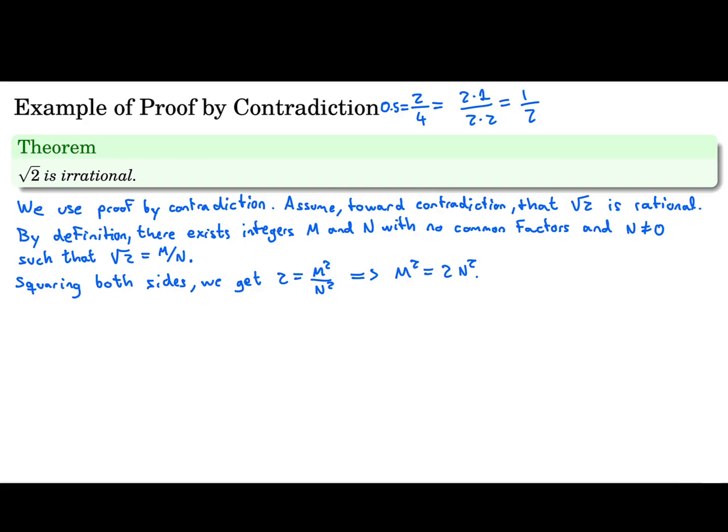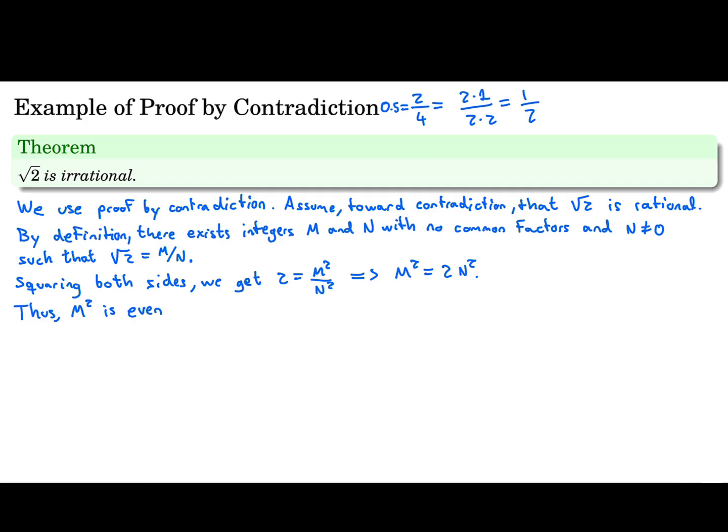And so what we have is, thus, m squared is even, since it's 2 times an integer, right? So m squared is 2 times n squared, and n squared is an integer.